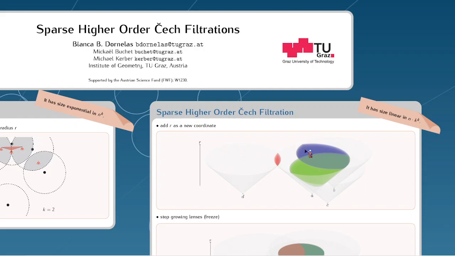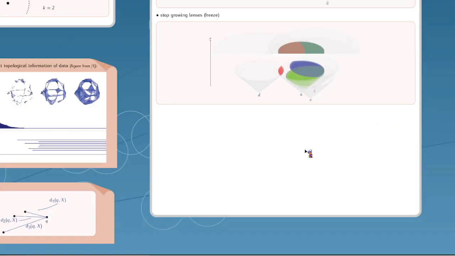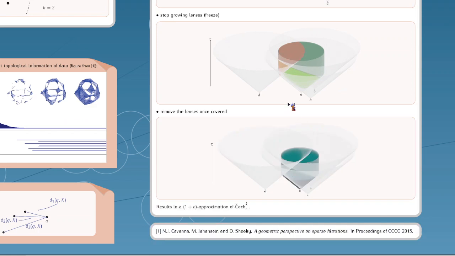So now that we managed to see this as a single nerve, we want to start removing points. To do that, we first freeze some chosen points, as you can see in this image here, and wait for them to be covered by other lenses. So here in this example, this point A had the ball around it growing up until a point where it was frozen, and then the size of all lenses involving A were kept fixed.